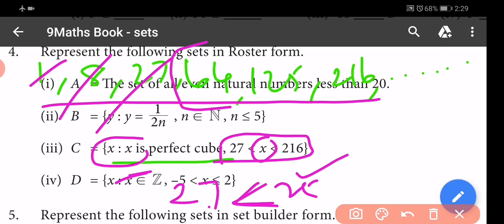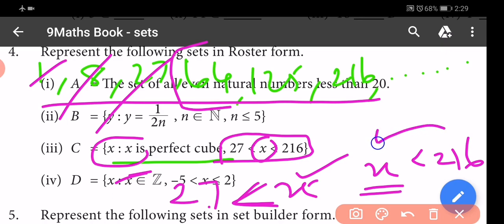And the last condition, x is less than 216. That means x must be less than 216.